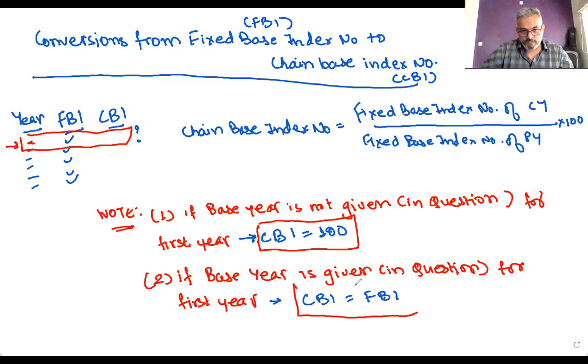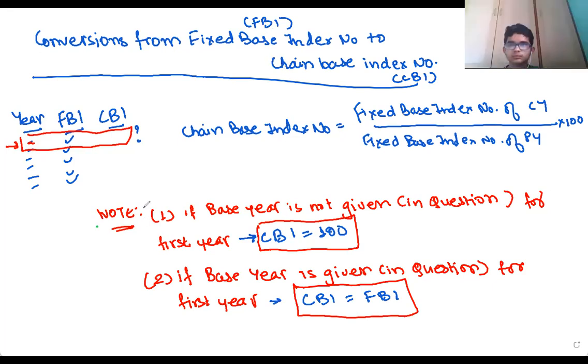So if base year is not given, you have to take it as 100. If it is given, then you have to take CBI equal to FBI. So this note is extremely important.